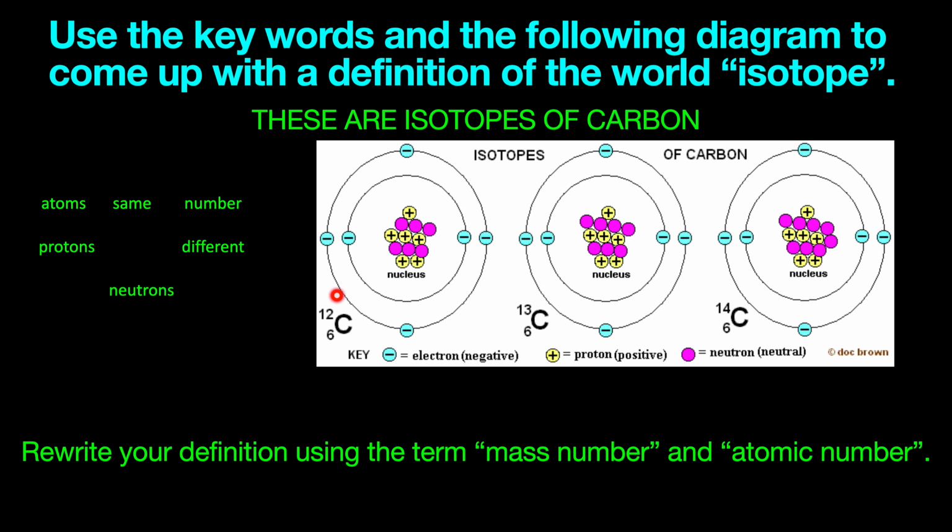Note the difference in symbol, and it would also be worth counting the numbers of the different subatomic particles in each case. Using this, come up with a definition of the word isotope. Pause the video and have a go.